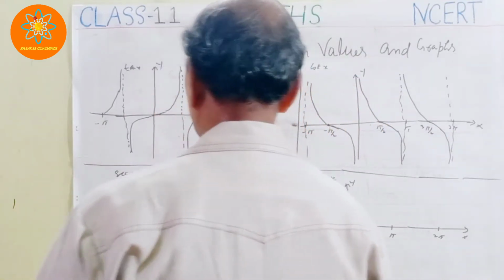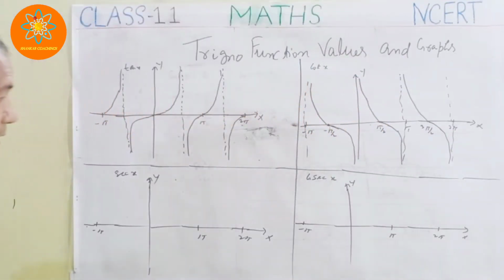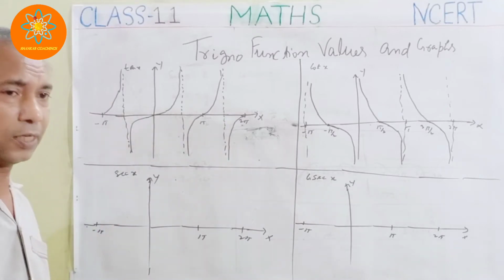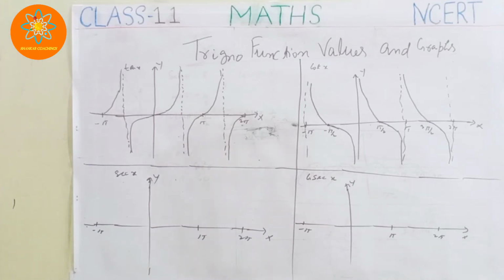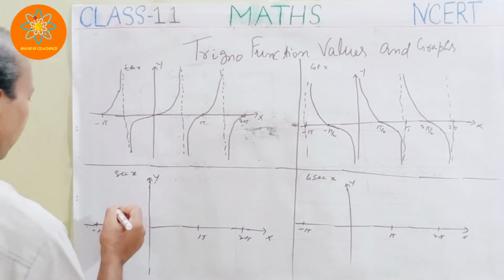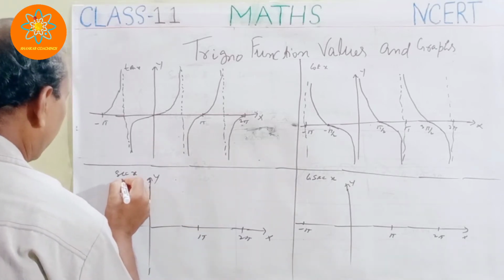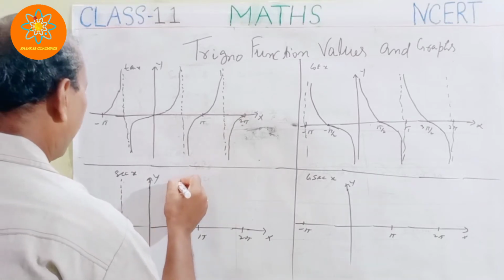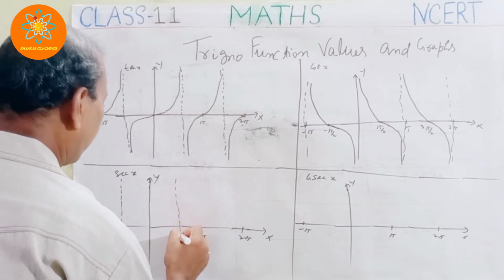Now come to the case of the sec x. In the sec x case, sec x is equal to 1 by cos x. So 1 by cos x means the cos x is not equal to 0. That means it will not be defined at where? At the minus pi by 2 it will not be defined. At the pi by 2 also it will be not defined.